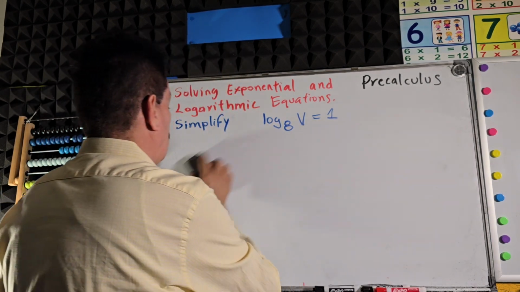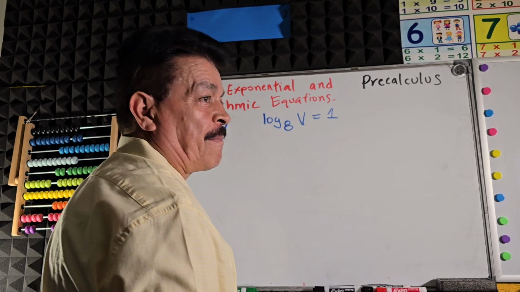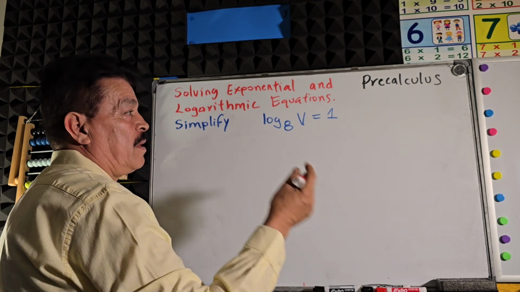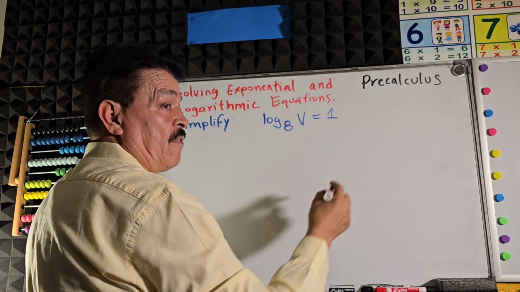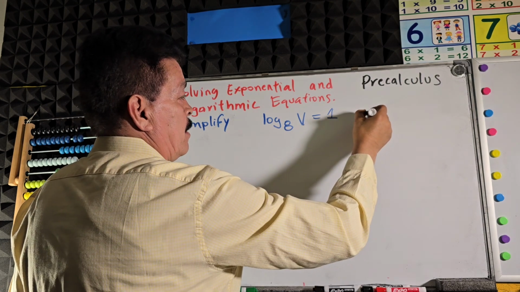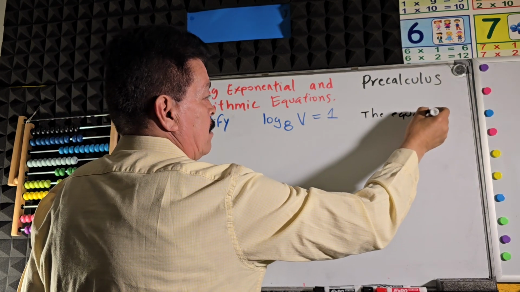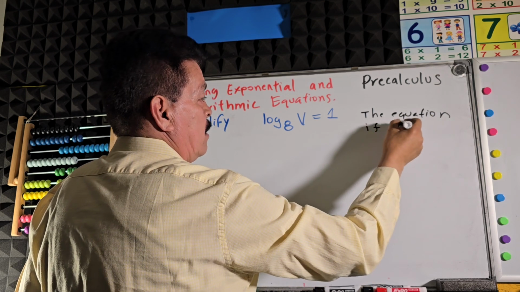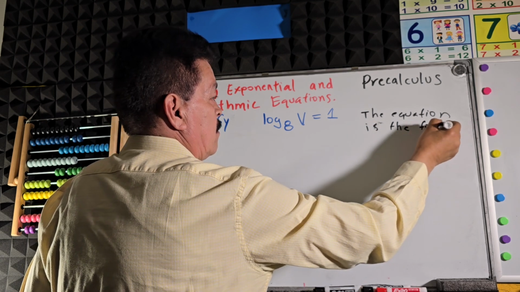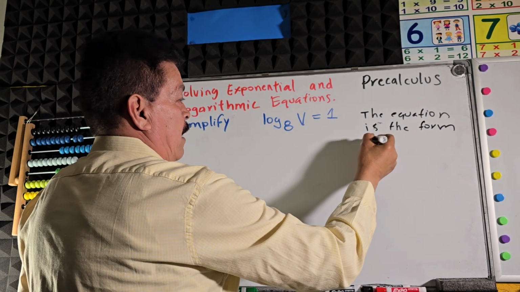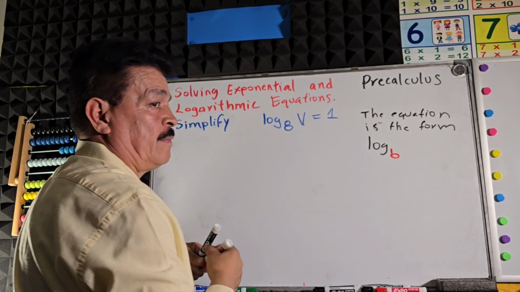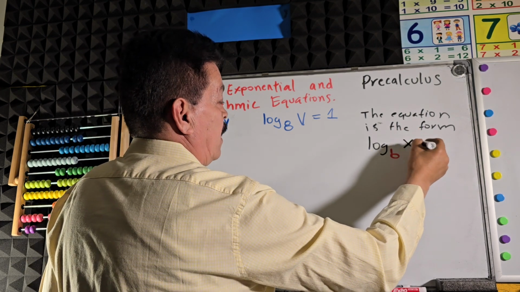So after this, let's go to simplify our problem. Look at the problem here. The question is in the form log base b of x equals y.